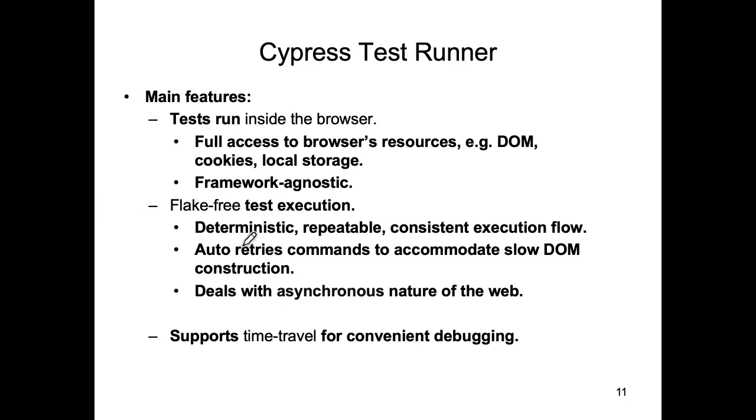It'll retry a third time. I think 3 is the default number of times. And on the third time, it finds it. So that's fine. The next time you run the test, it might find the DOM element the first time. But from a test execution point of view, the two test executions are the exact same. And that's what deterministic is referring to.